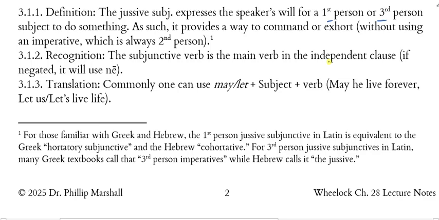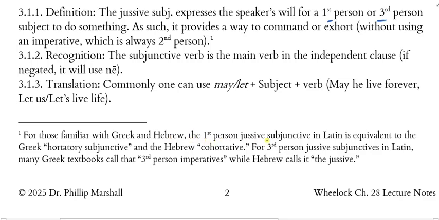I don't use the subjunctive for jussive subjunctives if I want you to do something, because I use the imperative for that. I use the imperative for second person, right? But this is a way to provide a command or an exhortation for a first person or a third person subject to do something. Now, if you have studied Greek and Hebrew, you'll recognize this sort of grammar here.